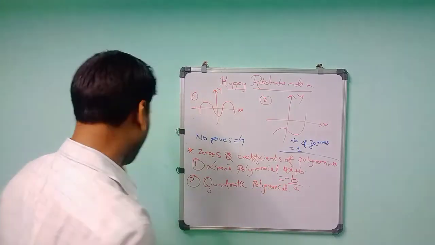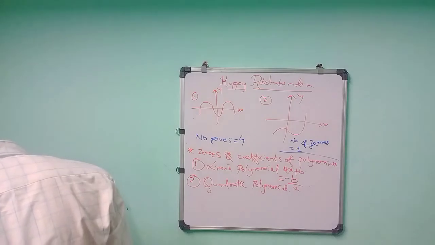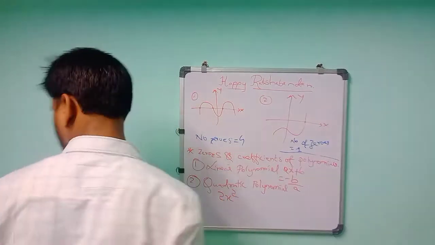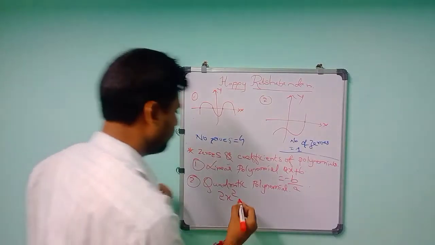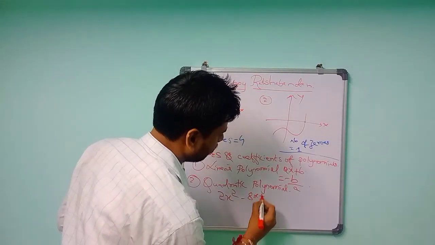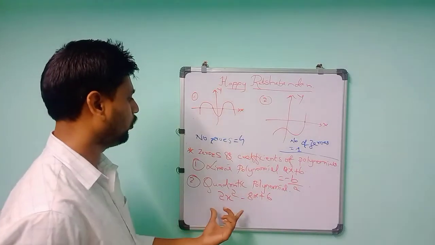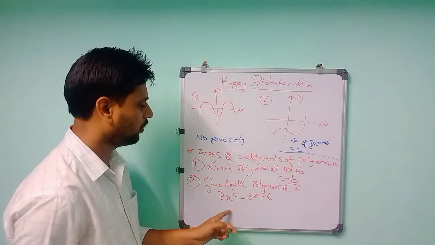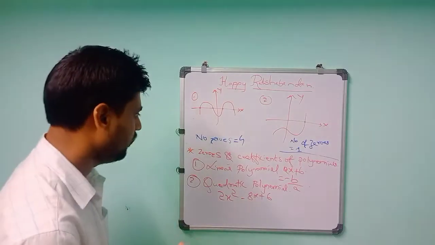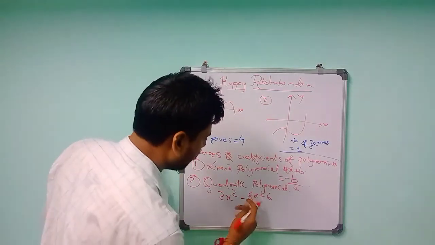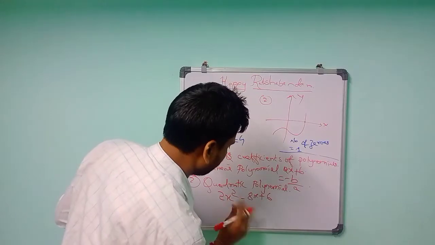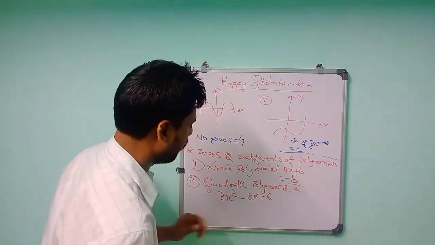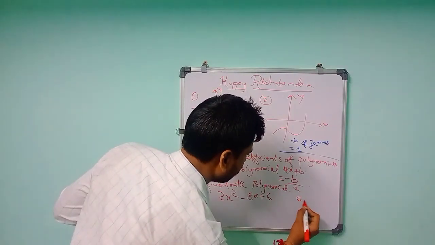So if we take the example 2x square minus 8x plus 6. This is in the form of a quadratic because the power of the exponent is 2. So take the quadratic 2x square minus 8x plus 6. In quadratic polynomials, you know how to split the middle number. You have to take the constant and the coefficient of x square and multiply.